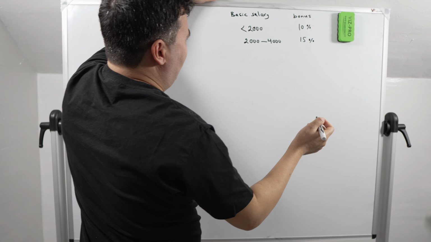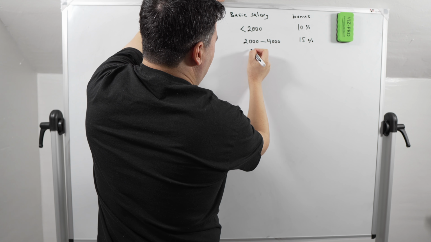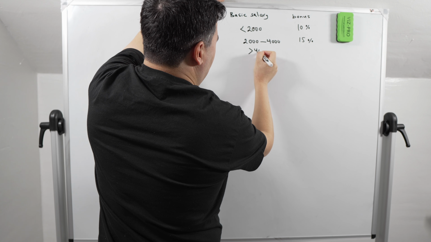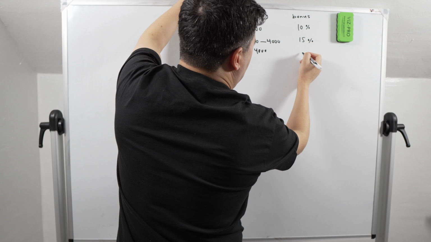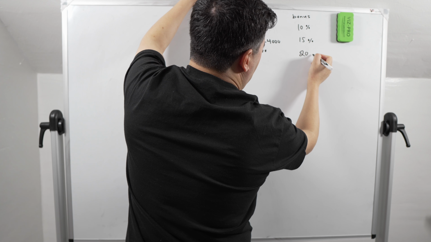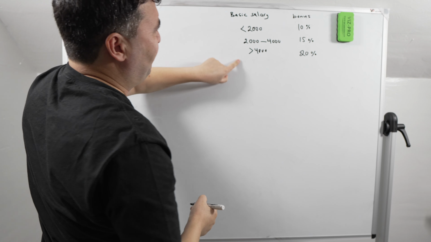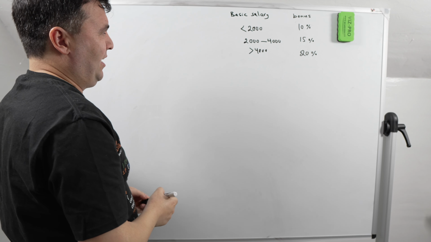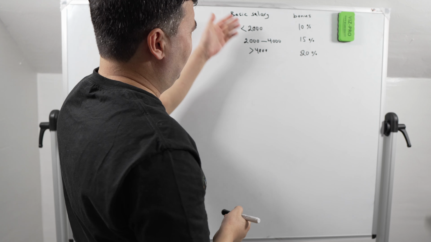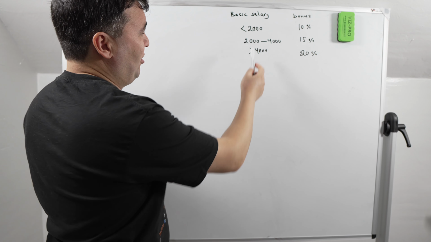And if the salary is bigger than 4,000, there is a bonus of 20%. So this is simple: the company has decided, based on the salary, to give you some bonus.